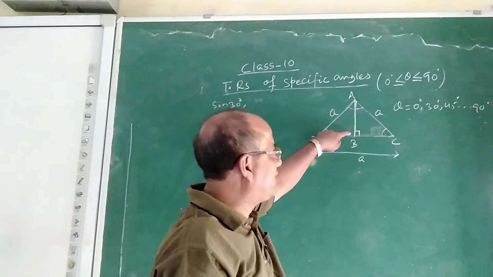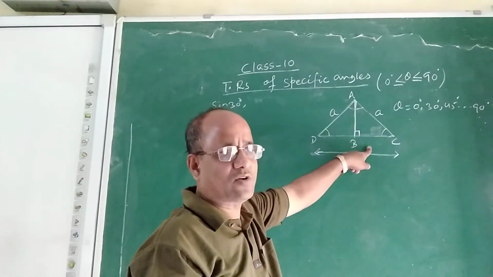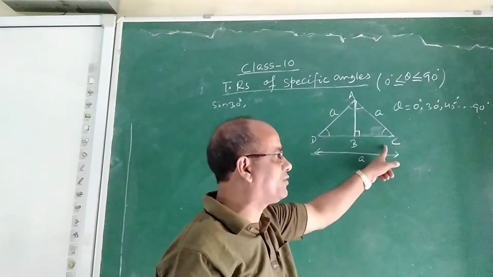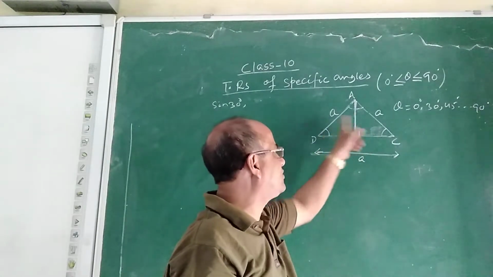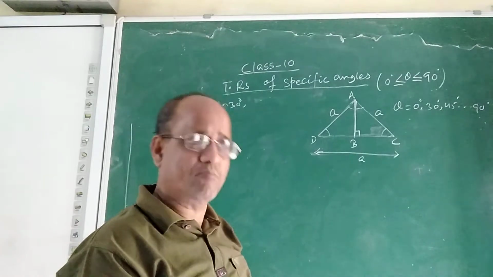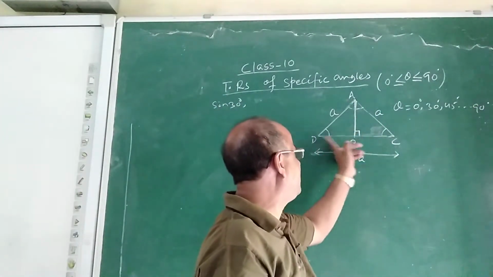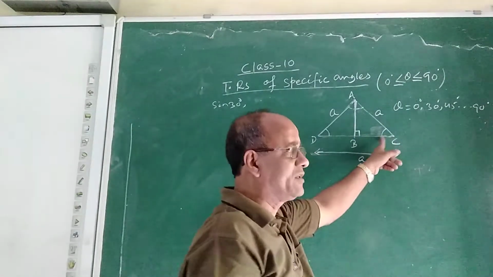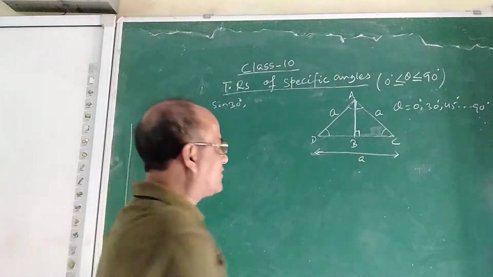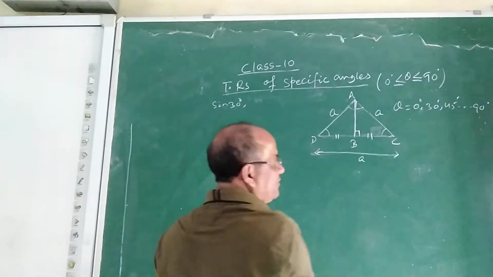If you draw AD perpendicular to BC in this equilateral triangle, from the congruency chapter in junior classes you know that the altitude bisects the base. Bisecting the base BC means the base will be divided into two equal parts, so BD and DC will be equal.